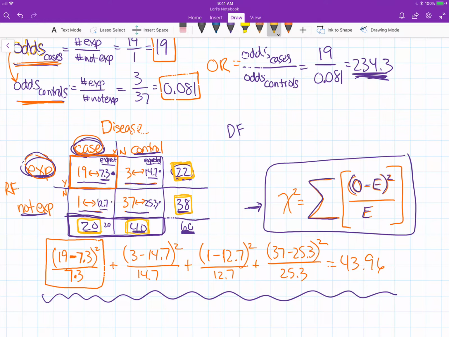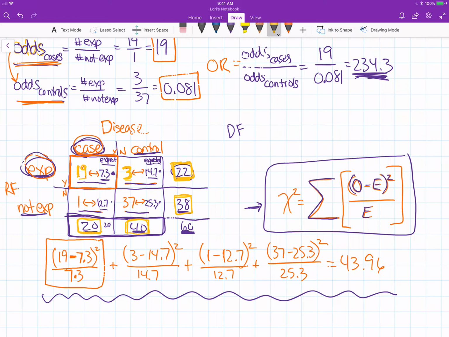As soon as I put any number inside of a box, as soon as I put a number 3 in here, all of the other numbers are instantly decided, because I know that my row total is 22. If I know 3 plus what is 22, then 19 is no longer free to change.